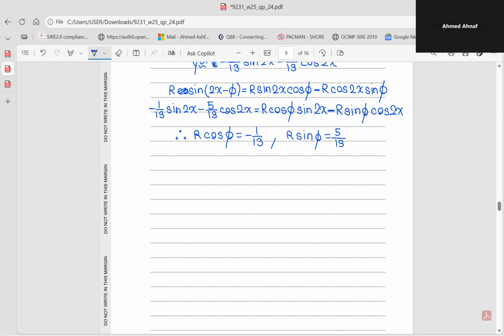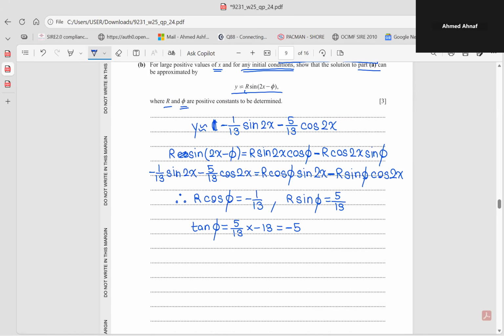Now we can find out what tangent phi is. Tangent phi is just R sine phi over R cosine phi, so it's going to be 5 over 13 times negative 13, which is just minus 5.